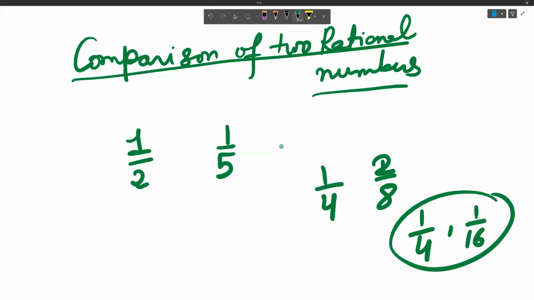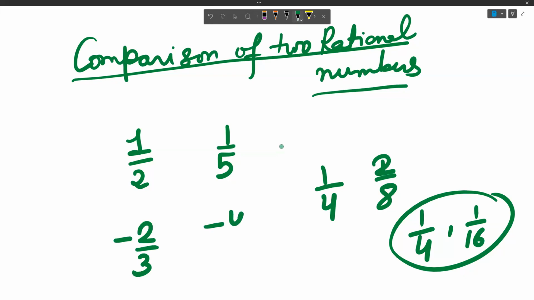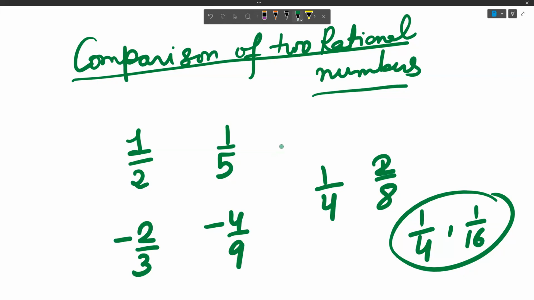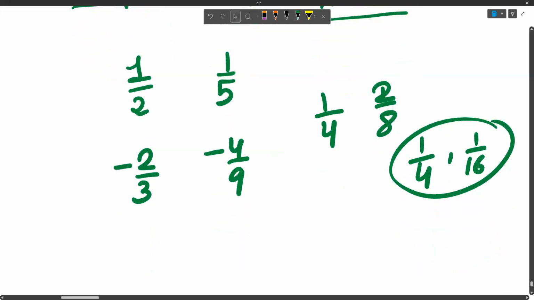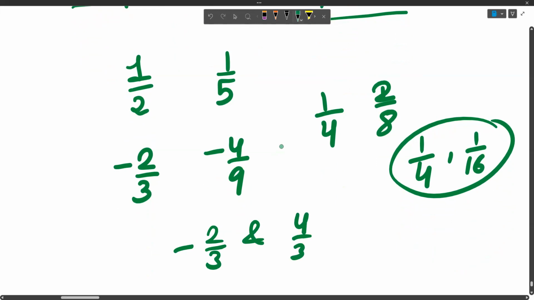If I say compare -2/3, a negative number, and 4/9, which number is more? Which number is larger? You cannot find, right? If I say -2/3 and 4/3, which number is more?